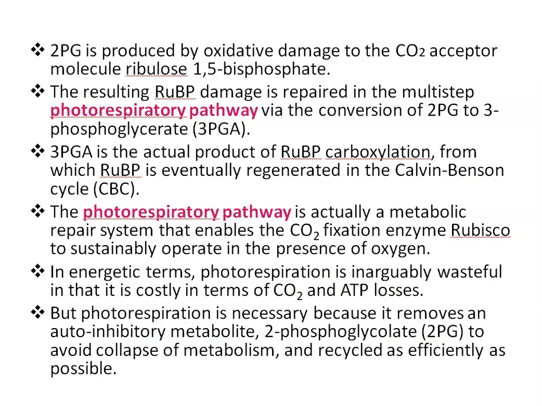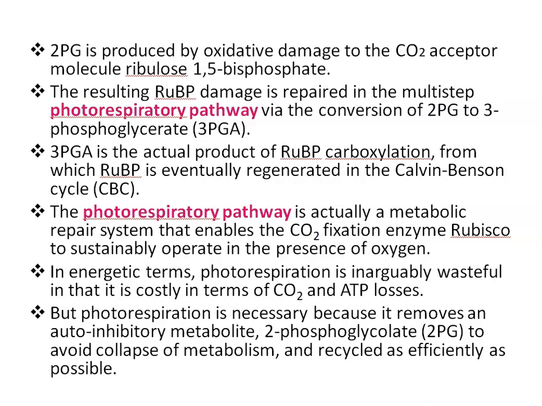2-PG is produced by oxidative damage to the carbon dioxide acceptor molecule, that is ribulose 1,5-bisphosphate, in plants. The resulting damage is repaired in the multi-step photorespiratory pathway via the conversion of 2-PG to 3-phosphoglycerate, 3-PG.